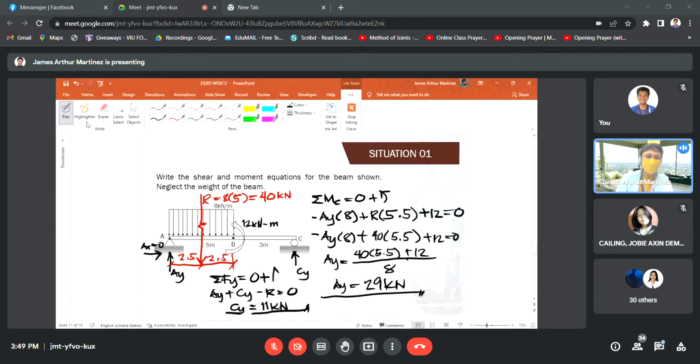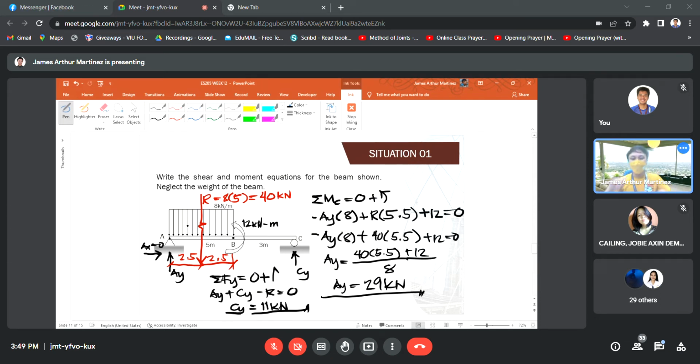Now, let us determine the equations for shear and moment in our beam. In this case, class, what is the condition for taking a cutting plane? How do we determine at which point or segment to cut a plane? That is if there is a discontinuity.